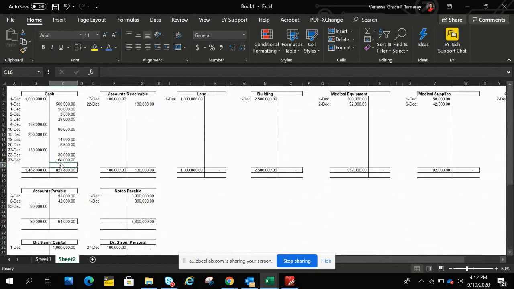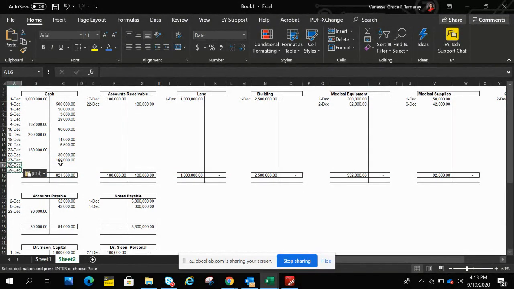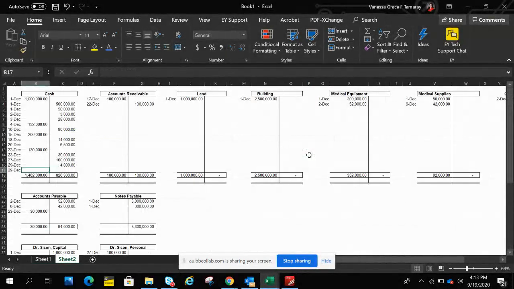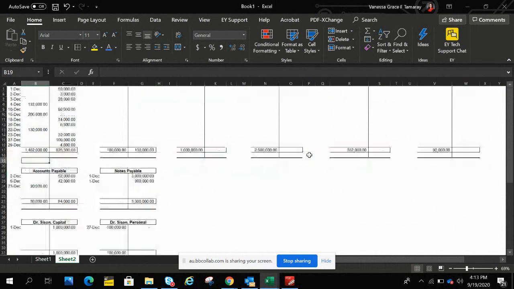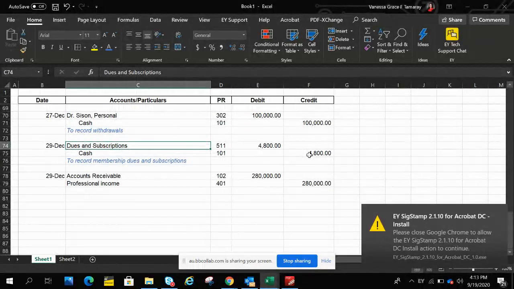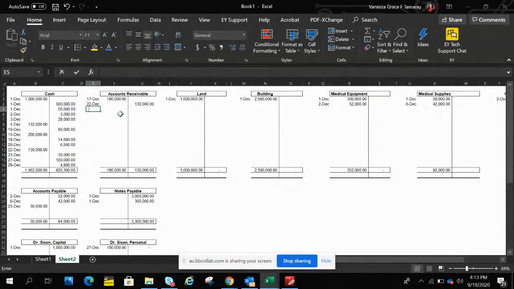Then credit cash. Ayan. Then, lastly, we have accounts receivable, debit, and then credit professional income.